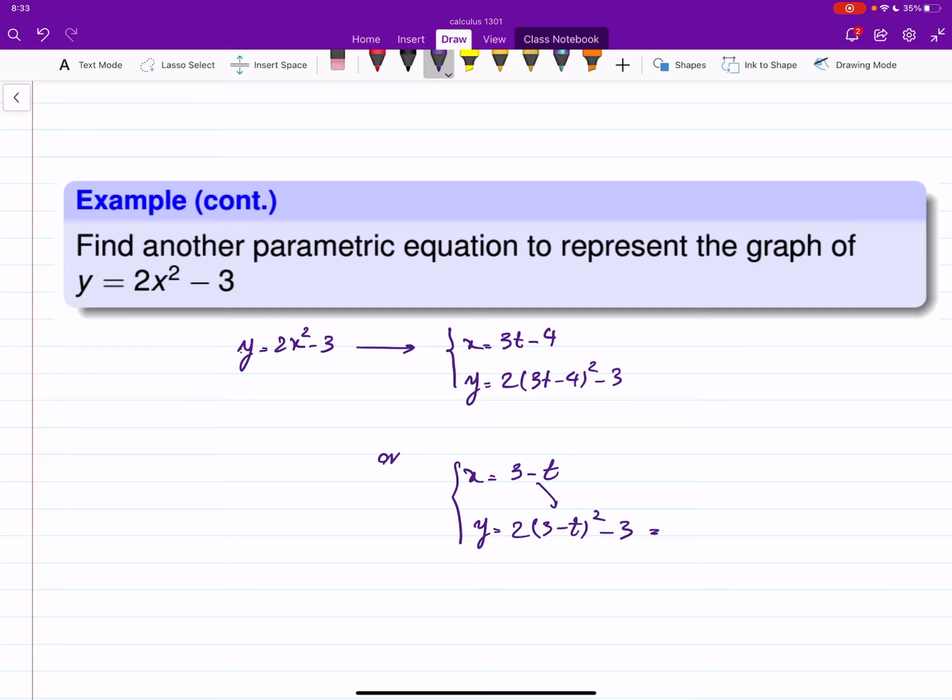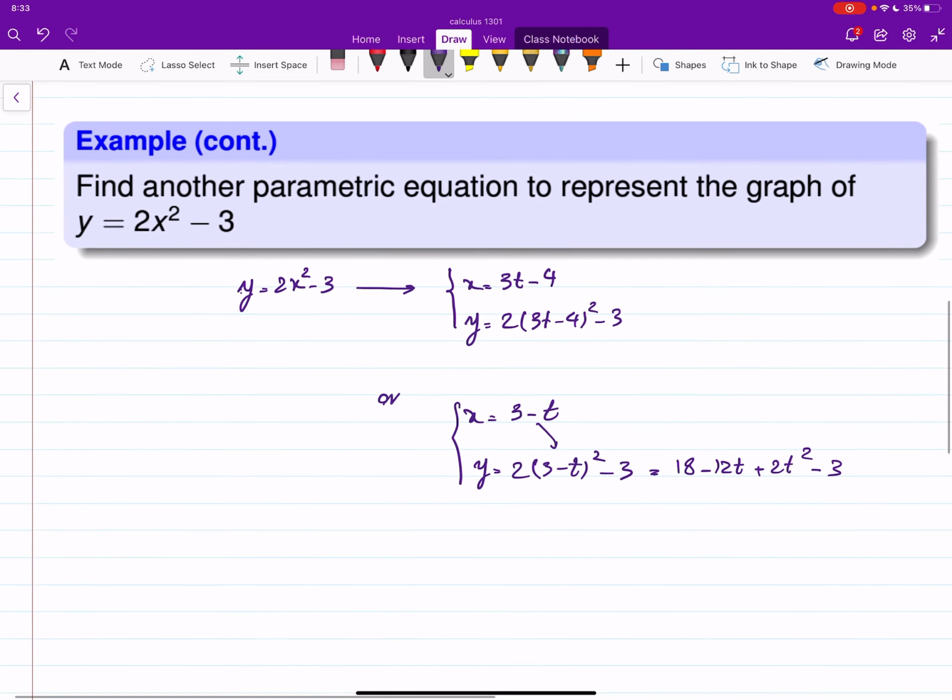If you simplify, you get 18 minus 12t plus 2t squared minus 3, and you can simplify more.